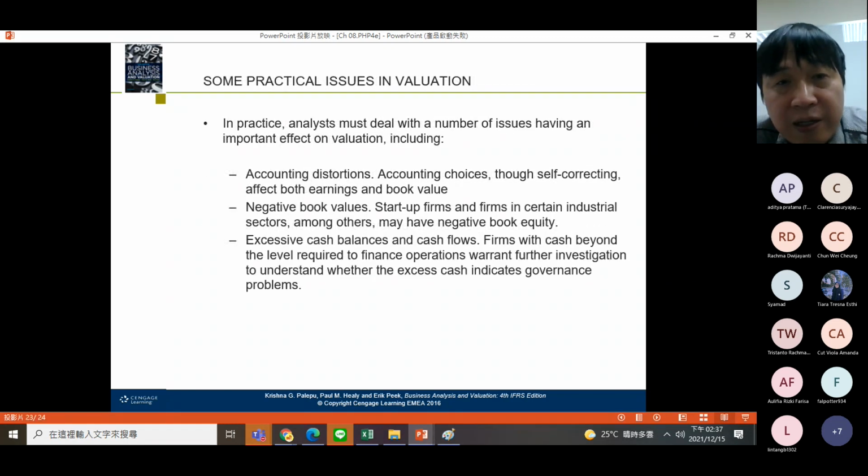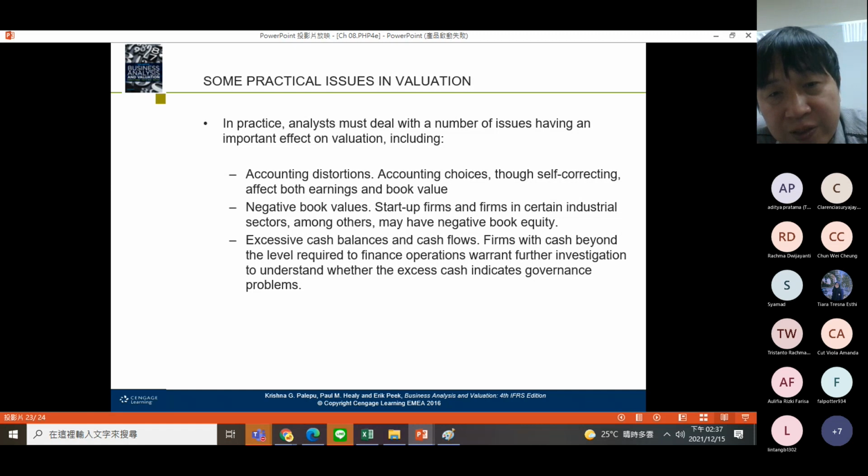Some practical issues in valuation. In practice, analysts must deal with a number of issues having an important effect on valuation, including accounting distortions: accounting choices affect both earnings and the book value.